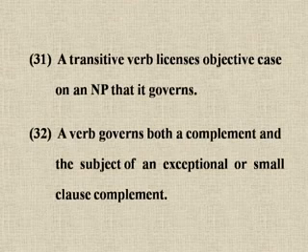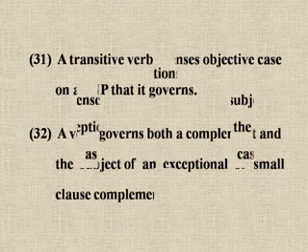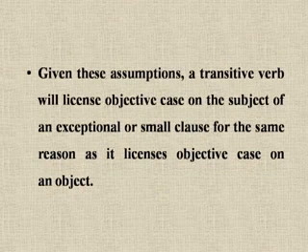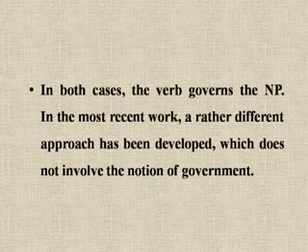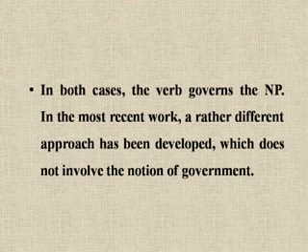A verb governs both a complement and the subject of an exceptional or small clause complement. Given these assumptions, a transitive verb will license objective case on the subject of an exceptional or small clause for the same reason as it licenses objective case on an object. In both cases, the verb governs the noun phrase.